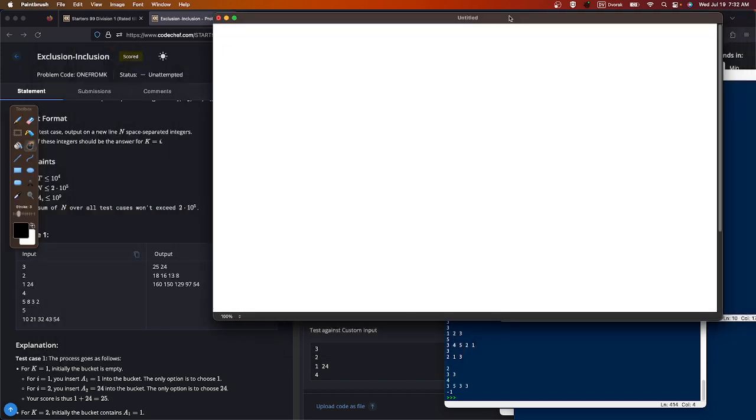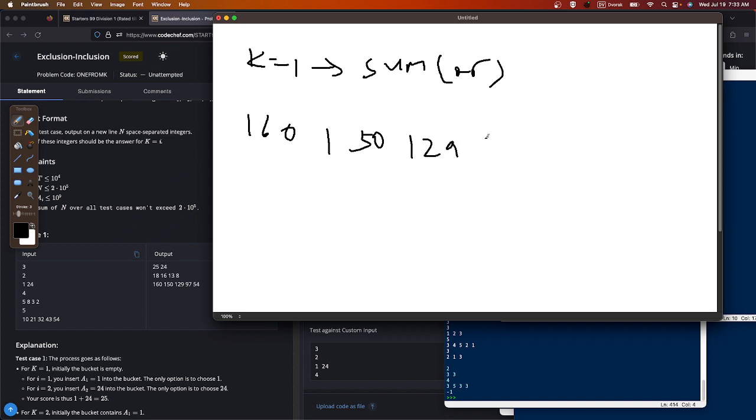So for the first one, k equals 1 is just the sum of the array. And let's look at what's going on with 5. With 5, it's a lowest to high scenario, so you have 160, 150, 129, 97, 54.